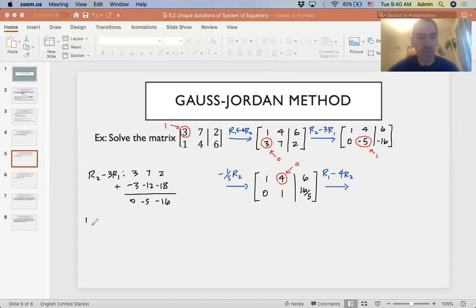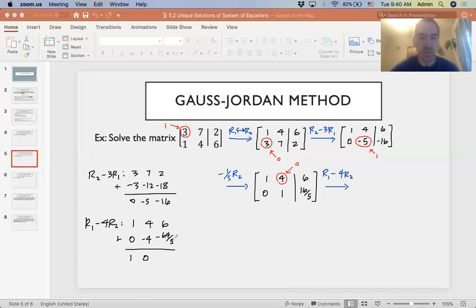So row 1 minus 4 times row 2 is, let's see, 1, 4, 6. -4 times row 2, 0 times -4 is 0. 1 times -4 is -4. And -4 times 16/5 is -64/5. All right, so we'll add these together. 1 plus 0 is 1. 4 plus -4 is 0. And 6 plus a negative 64 fifths.